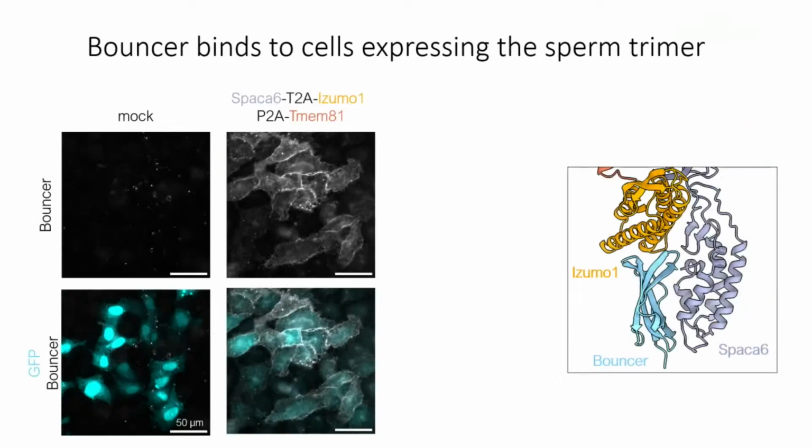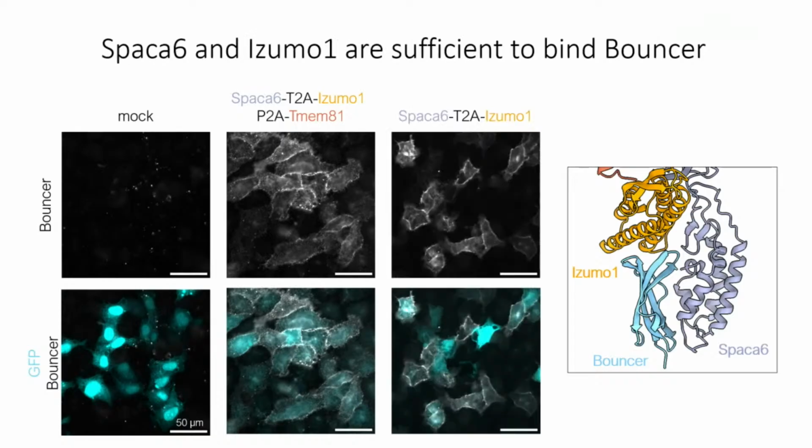In this situation, if you don't express any sperm factors, Bouncer is not labeling these cells, but if you have these three proteins, the zebrafish sperm factors, ectopically expressed in cells, you get this nice staining of the surface of the cells with Bouncer protein. And this depends really on the presence of these two factors that form the cleft, Isumo and SPACA6. In cells, funnily enough, you don't need TMEM81.